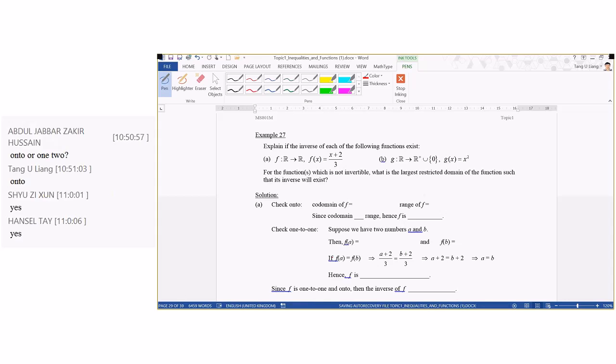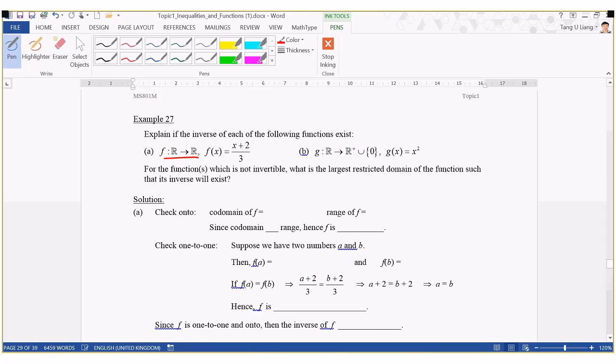I hope you still remember this notation, what it means. The first R, the one I'm highlighting in yellow, that is the domain of the function.